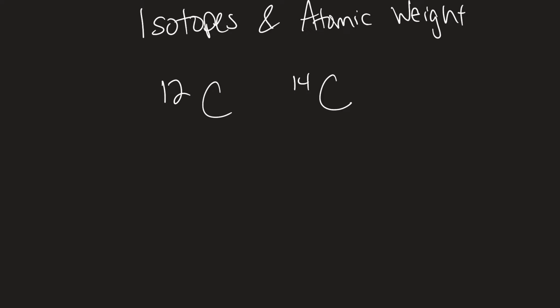So here we have a carbon 12 and a carbon 14, and if you look at the periodic table, we see that both these carbons have 6 protons. But what makes the biggest difference between carbon 12 and carbon 14, the mass numbers, is the number of neutrons. The first carbon, carbon 12, has 6 neutrons.